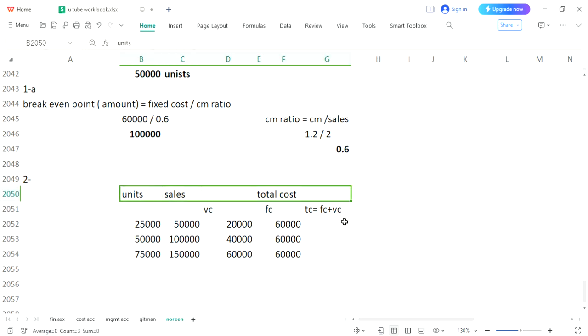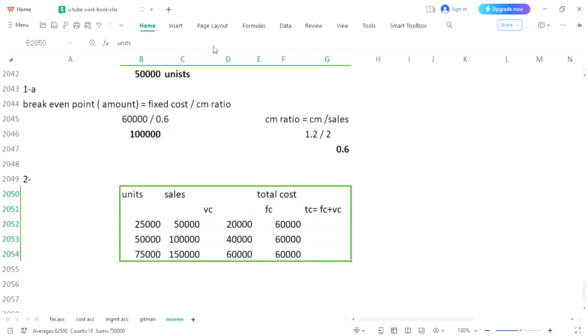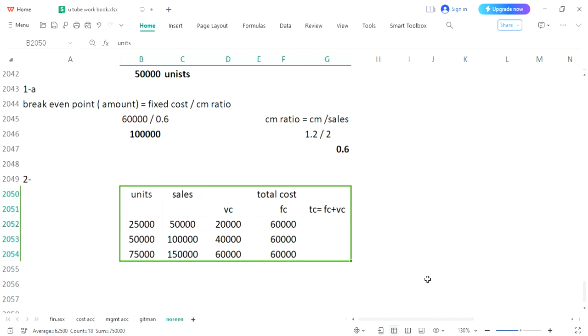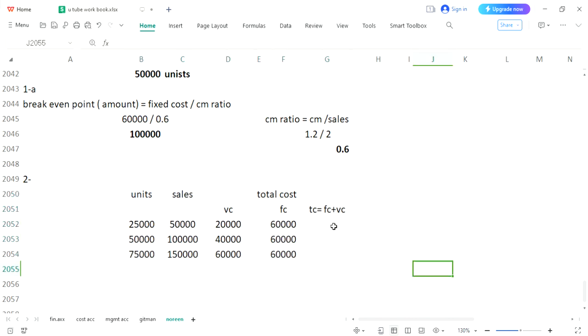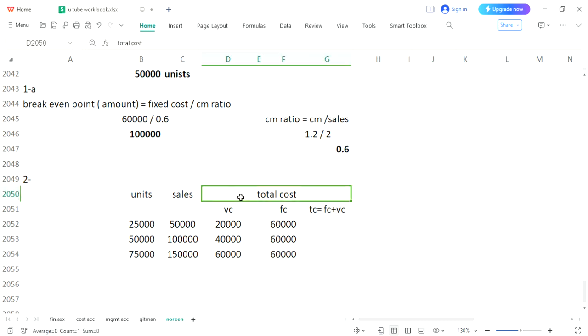It's time to calculate our total cost as well, so that we can have a comprehensive conclusion about the break-even point. You will see what happens when your amount of sales is equal to the amount of total cost. That would be your break-even point, and we are searching for that.